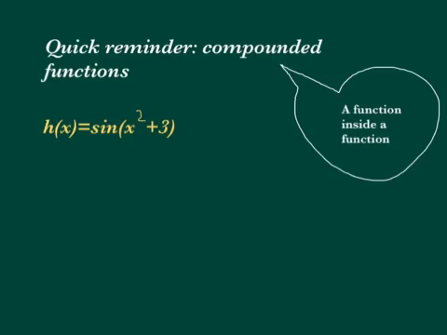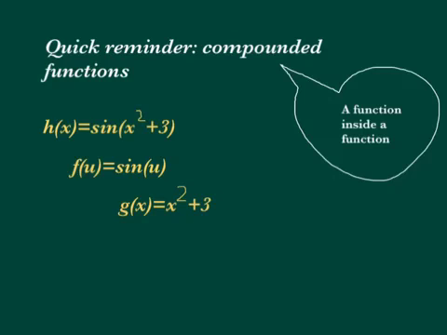The name of our function is h(x), and we're going to have to split it into two separate ones. The first one, as we said, is sine of u, and we have to be a bit careful because we can't say it's sine of x, because x is the one that's inside the second function. Our second function, the one that's inside the first one, is g(x) equals x squared plus 3.